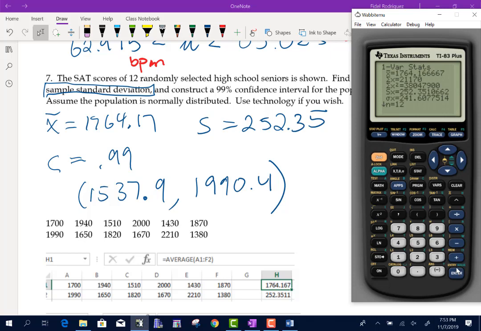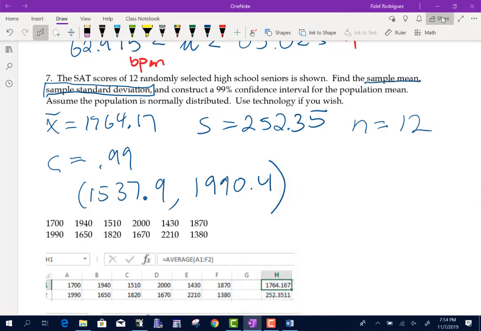Does my calculator tell me both the sample standard deviation and the population? So I actually have both, right? But how did I know which one I was going to use? The question, right? Look right here. What was it asking me for? The sample, right? That's how we knew we were going to use the S. Does that make more sense?